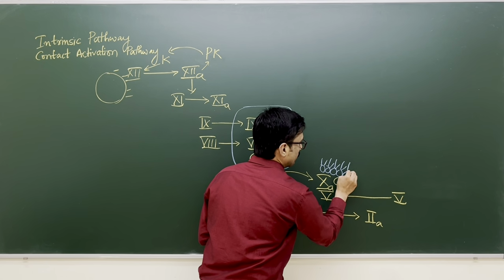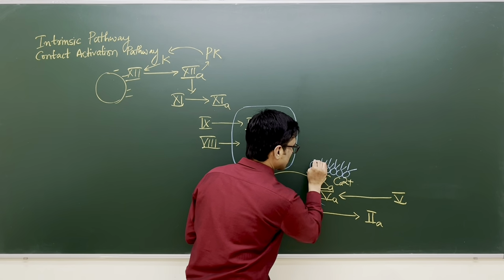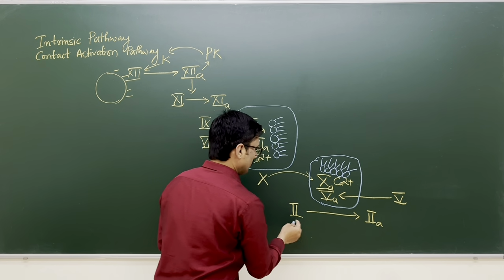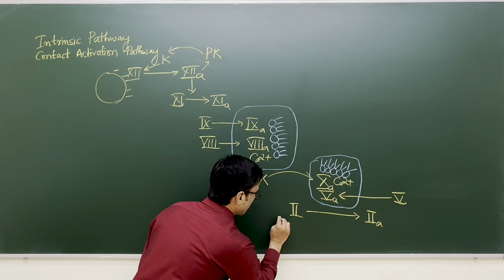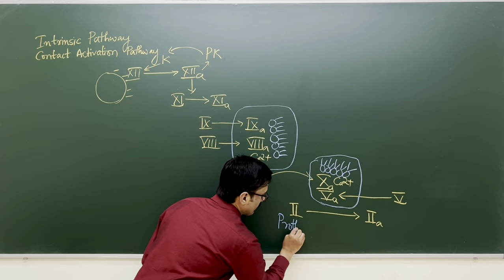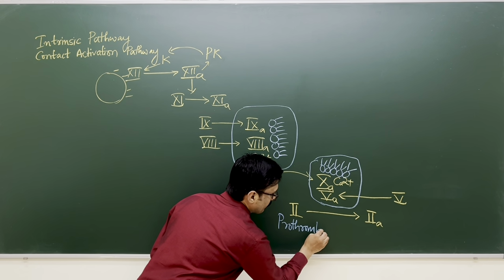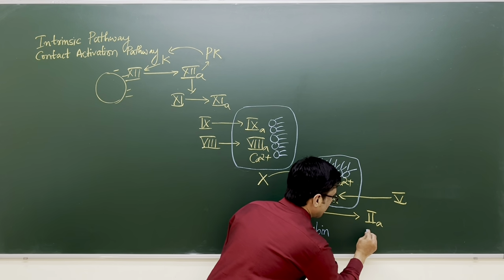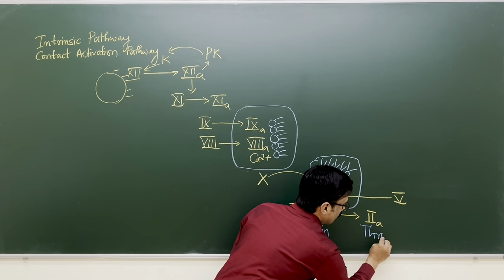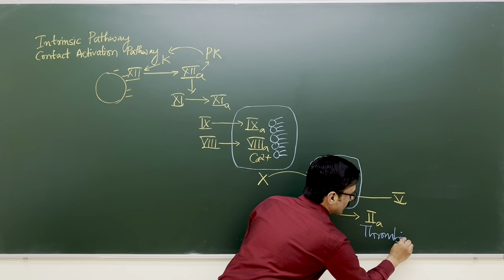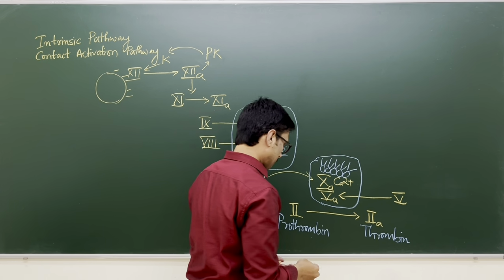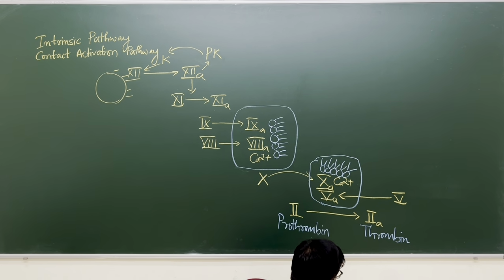So these are the platelet phospholipids. This complex will activate the factor 2. Factor 2 is prothrombin. Activated factor 2 is thrombin.